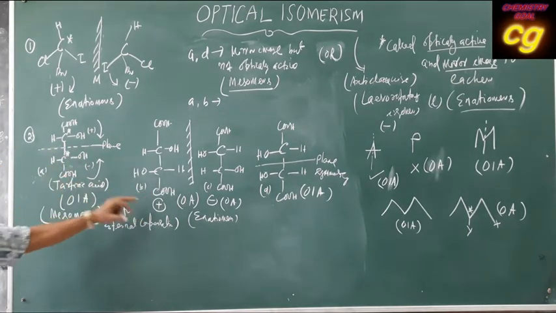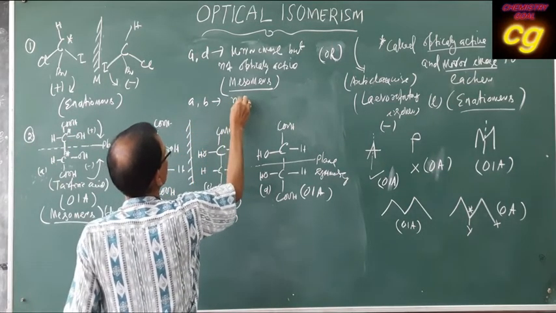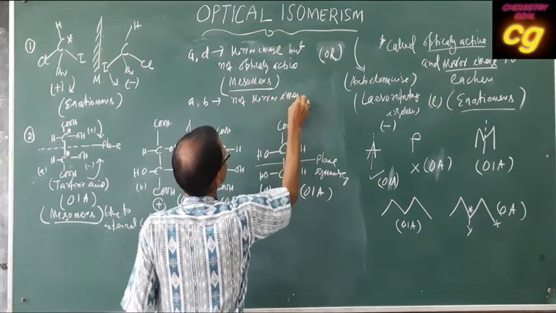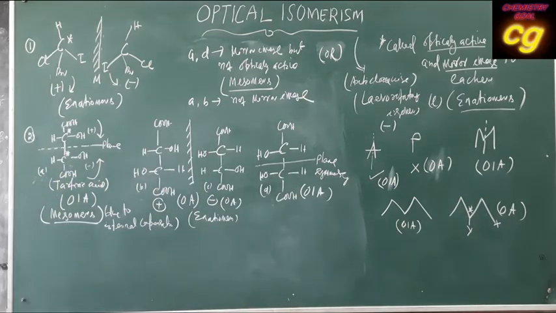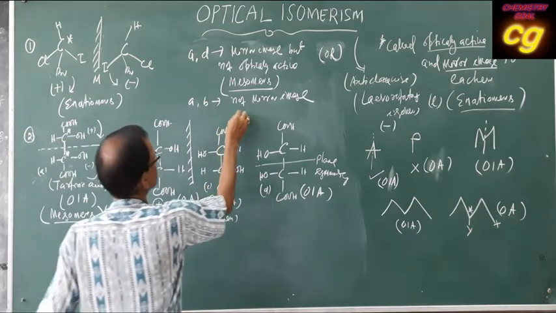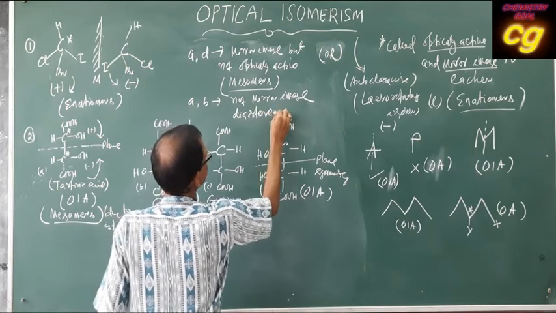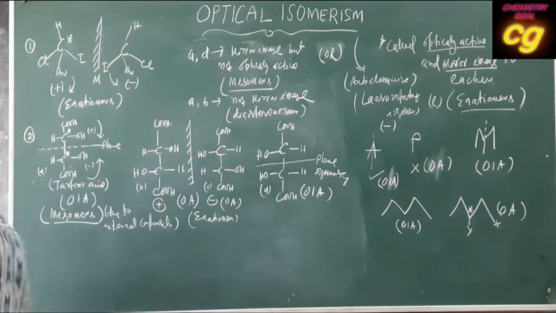But A and B are not mirror images. If not mirror images, these are called diastereoisomers.